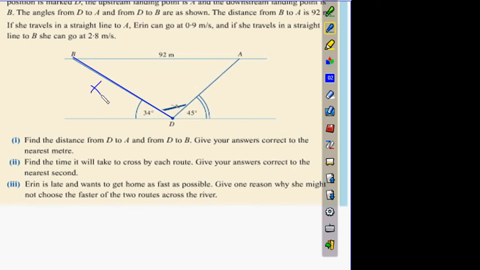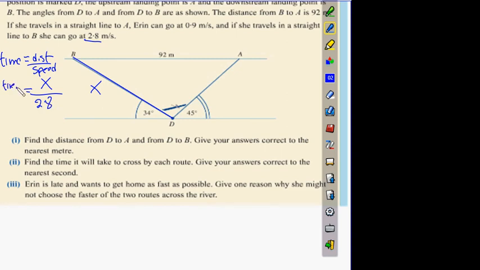Remember, time equals distance over speed. So the time taken will be whatever the length of x is divided by what number? She can go at 2.8. So the time taken to go from D to B is whatever the length x is divided by 2.8. Okay, so that's the time for that one.